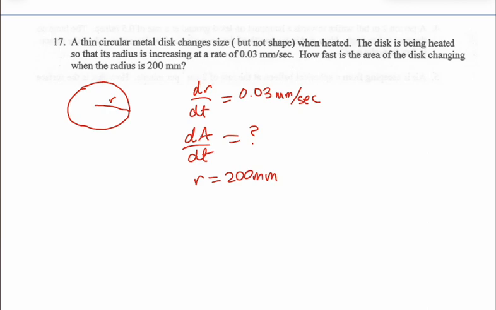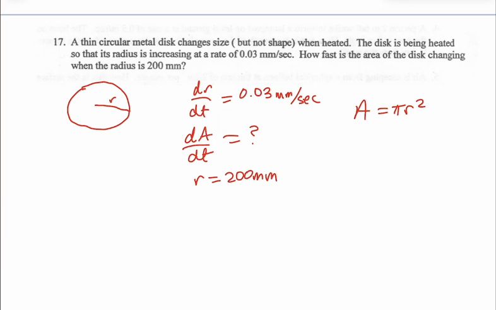So I need an area of a circle that has the radius in it, pi r squared. So area is pi r squared. So I've done the DREs. I have a picture. I've pulled out any rates, what I'm looking for, what they gave me. I've pulled out any other relevant information, and I found an equation that relates those things.